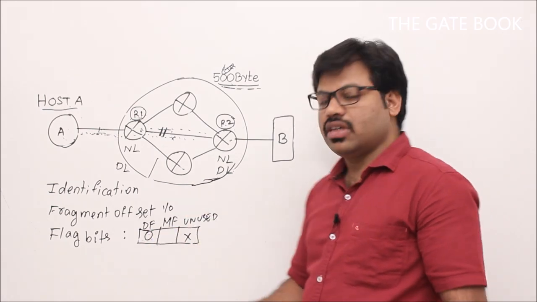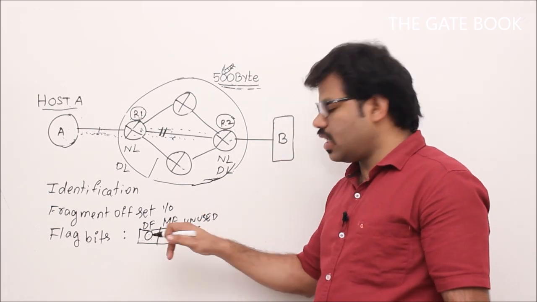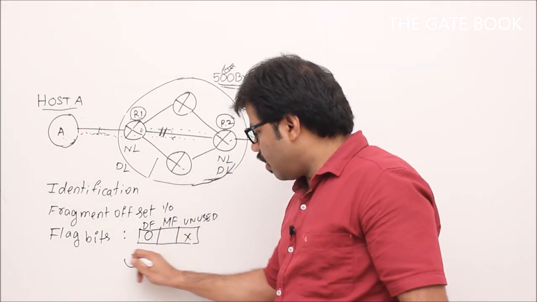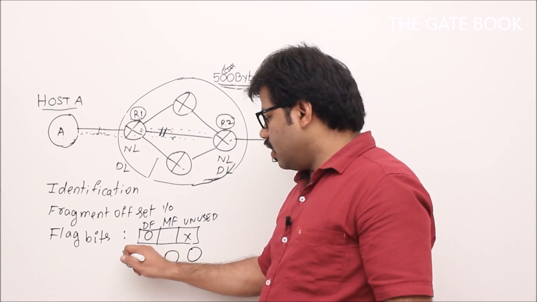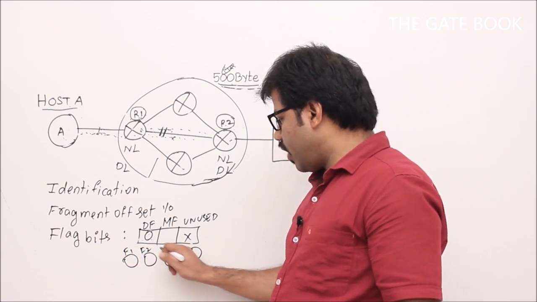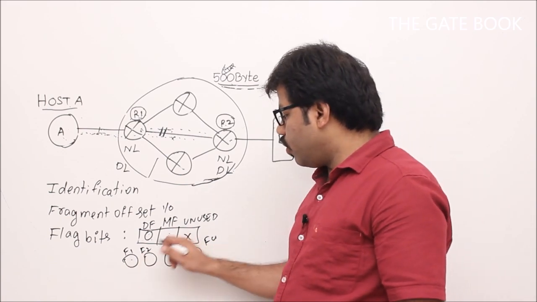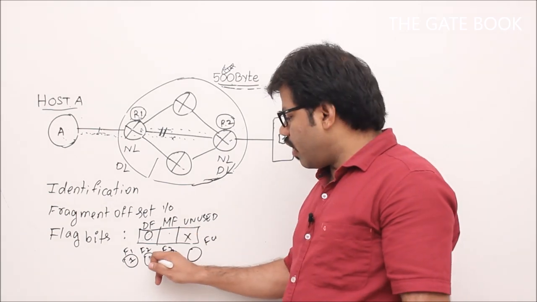Now more fragments. Why more fragments? I will tell you; we will slowly understand. Once you do fragmentation, let's say these are all fragments of your datagram: fragment 1, fragment 2, fragment 3, fragment 4. For fragment number 1, we keep the more fragments bit as 1. That means there are more fragments.